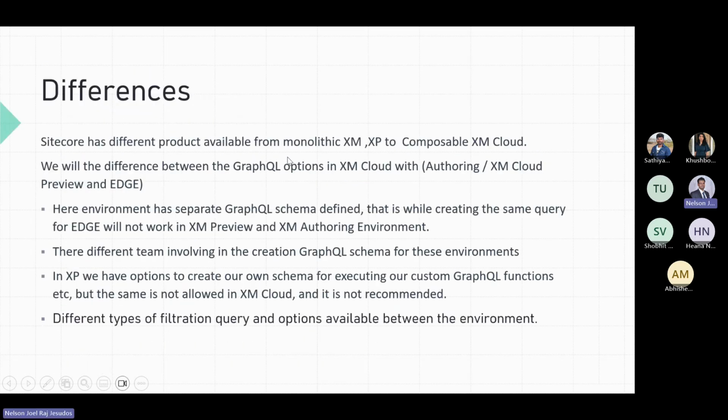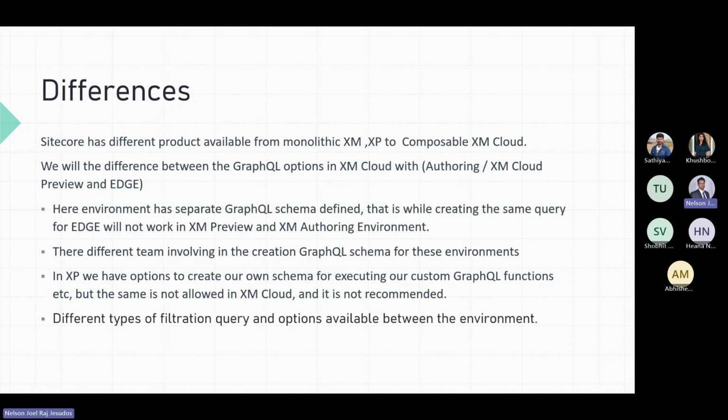Okay. Now we'll see some of the differences between XM Cloud GraphQL in different environments: the authoring environment, preview environment, and edge environment. By default, the schema defined by GraphQL is different for each environment. You can't use the same GraphQL query in XM Cloud preview, authoring, and edge.